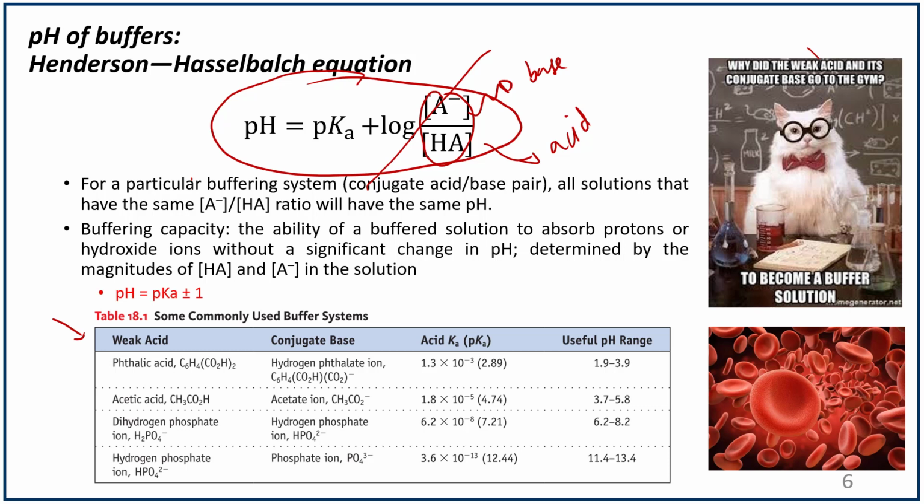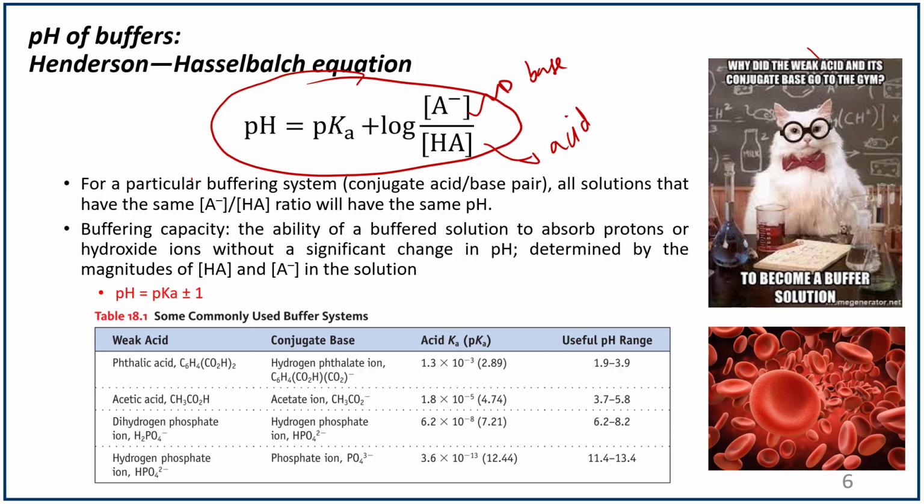So if you know the pKa of the acid in your buffer, that's basically the best pH range at which it works, plus or minus 1. Now, as we will illustrate in some problems today, there are cases in which the pH is greater than pKa, or the pKa is greater than the pH. Okay, and again, we will illustrate that in some examples.